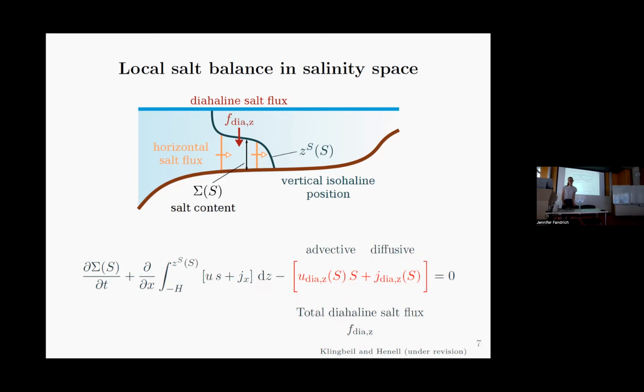Yes, Tridib? I see that you have a question. Yes. So for your isohaline surfaces, I see it's a pretty strong curve, and I was wondering do you need to do some sort of interpolation to get the velocities on them, or you just take the values from the nearest cell wherever your velocities are defined?